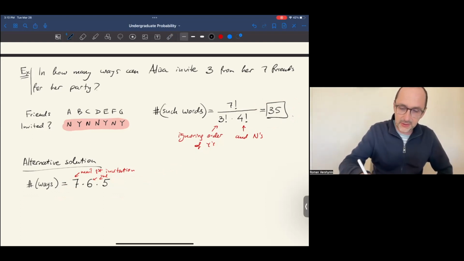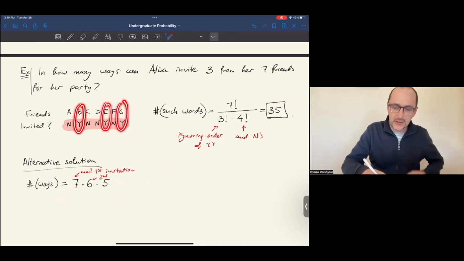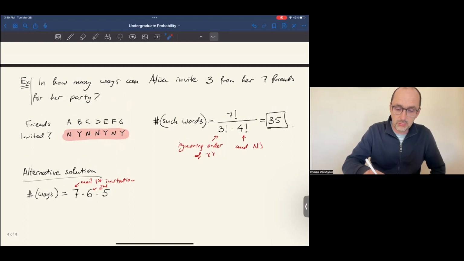In this particular case, Alisa invited friends B, E, and G, and it was important that, let's say, E gets the first invitation and G gets the second, and maybe Y gets the third. But it could have been different. Just the same friends could be invited in a different order.